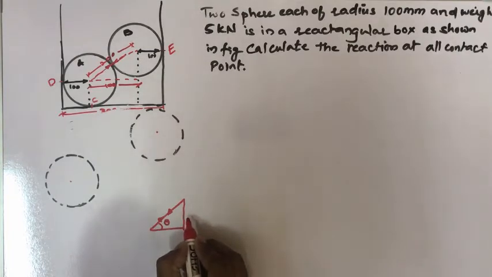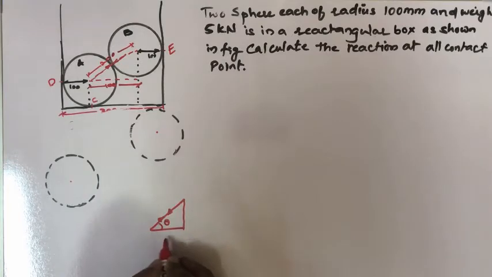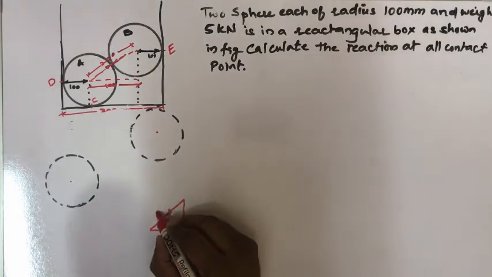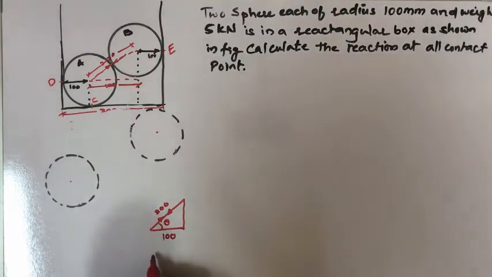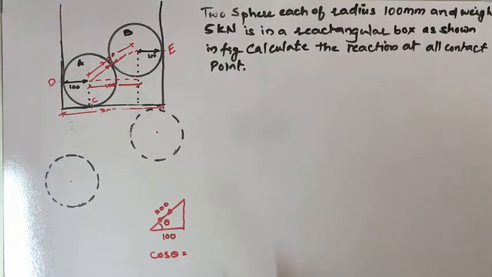The opposite side, we don't know what the distance is, but we know the adjacent side, which is 100, and the hypotenuse, which is 200. So we use cos theta equals base by hypotenuse. The adjacent is 100 and the hypotenuse is 200.